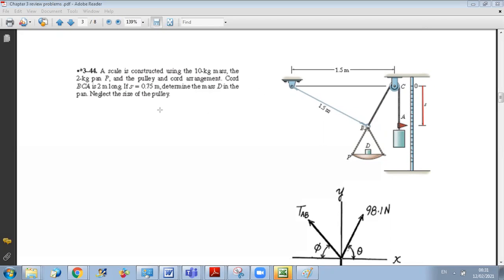First, they said that the cord BCA has a total length of 2 meters, okay? So I can say that BC plus CA, and of course, since I said neglect the size of the pulley, this part of the cord is of negligible size. So I can say that BC plus CA is equal to 2.